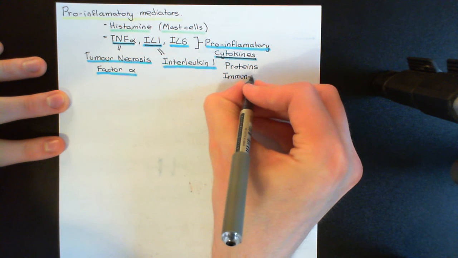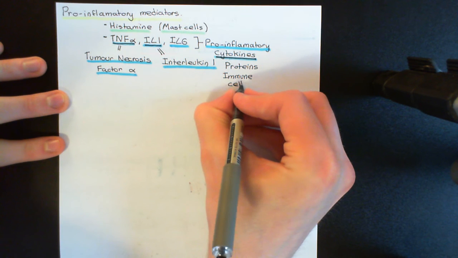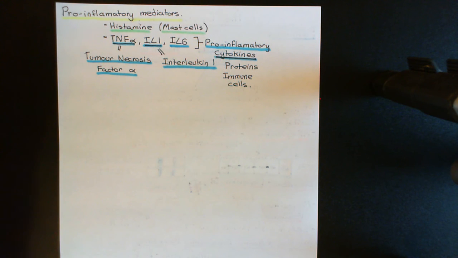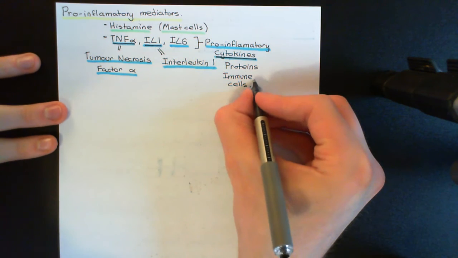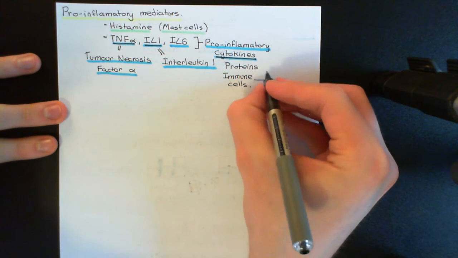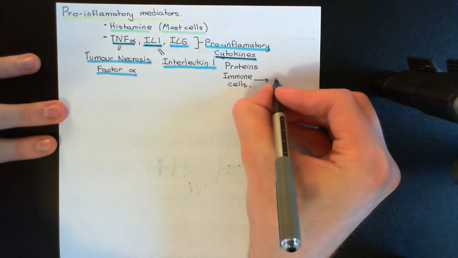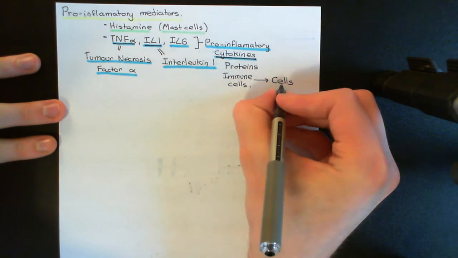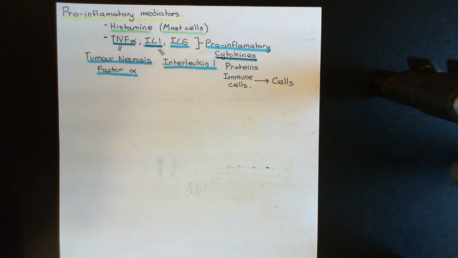So they're released by some sort of cell of the immune system, which all of these sentinel cells are. So dendritic cells, resident macrophages and mast cells, they are all counted as part of the immune system. So they're released by immune cells, and they're going to change the behavior of some other cell.